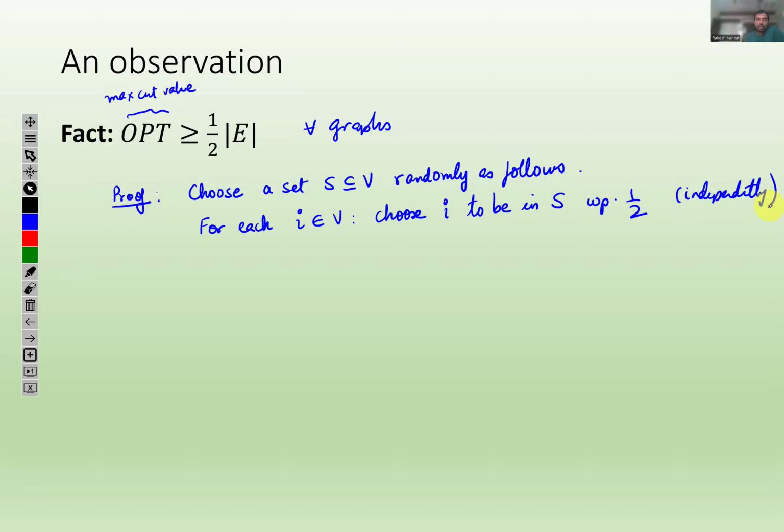So now the claim is that what I'm going to analyze now is the expected number of edges cut. So notice that because this is a random process, the set S that I generate out of it is random, and therefore the number of edges going across the cut is going to be random.